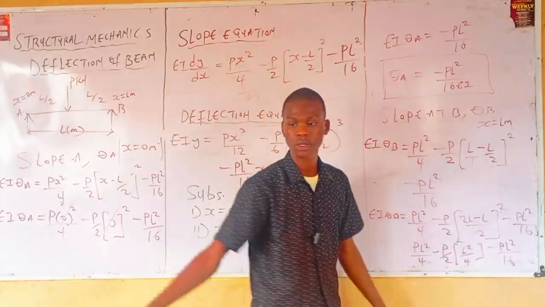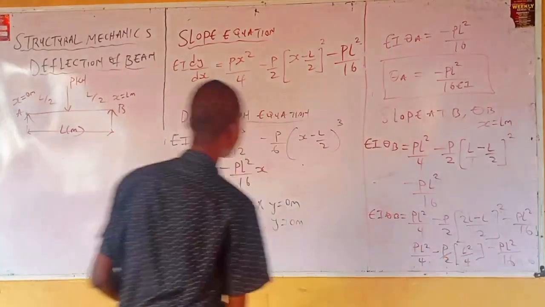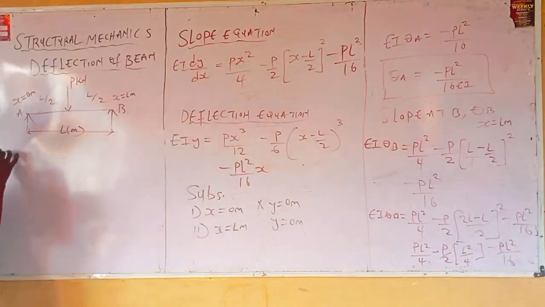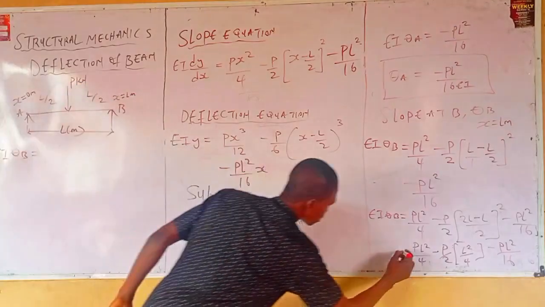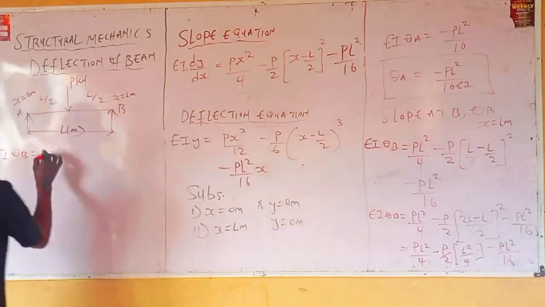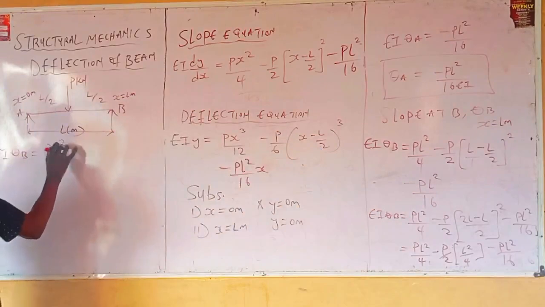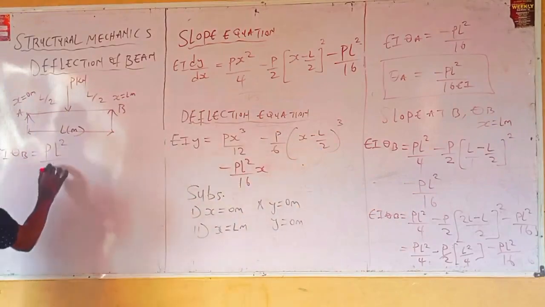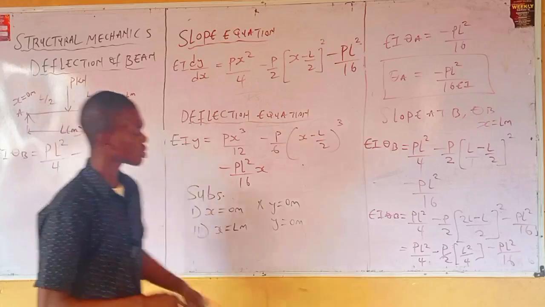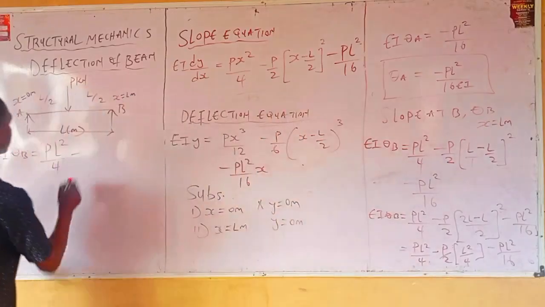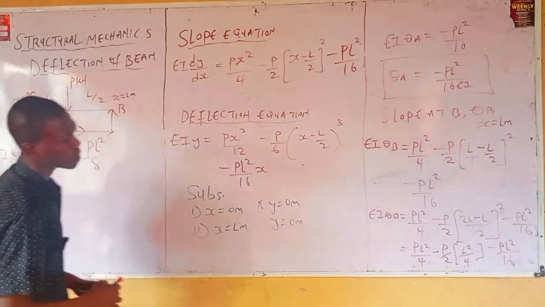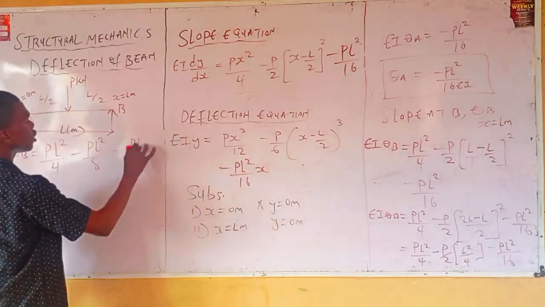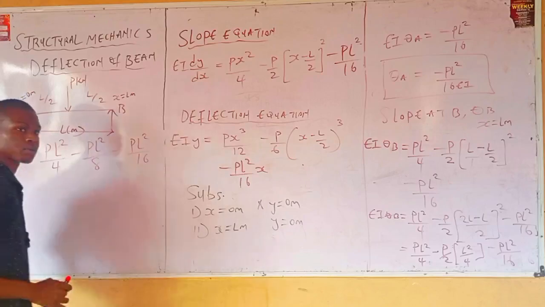Now, solve. Coming further from here, it becomes EI theta B is equal to PL raised to power 2 divided by 4. Open up your bracket. You have negative PL squared divided by 8 negative PL squared over 16.